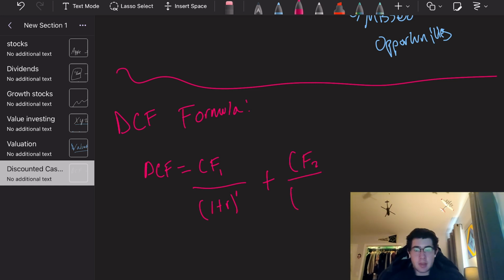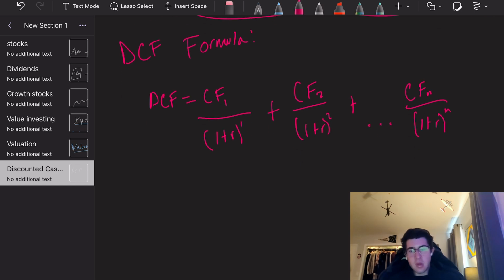I'll explain what these mean after I draw the equation. Sorry, not 1 plus n. It's 1 plus the rate, the discount rate. And then the exponent will be n.